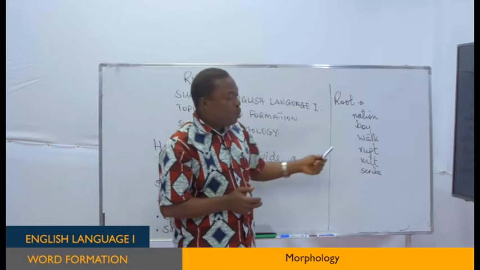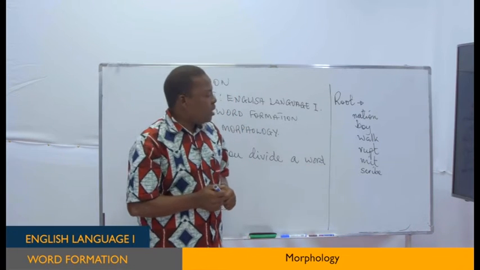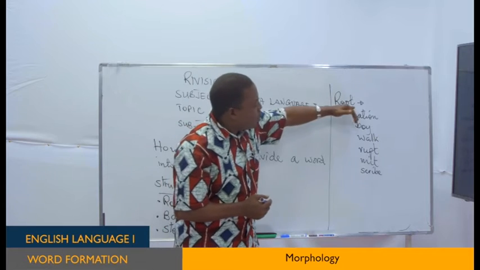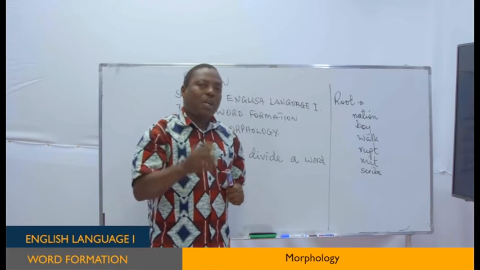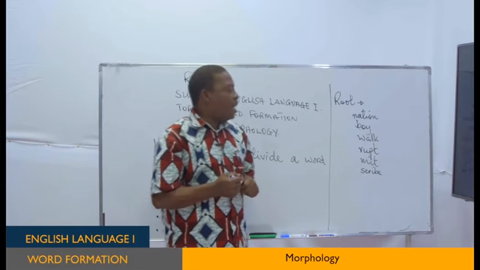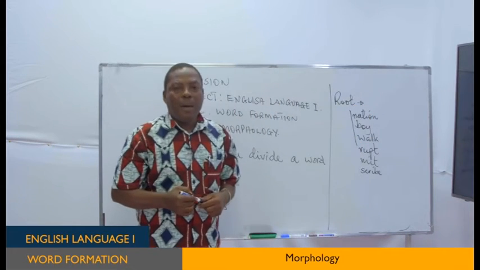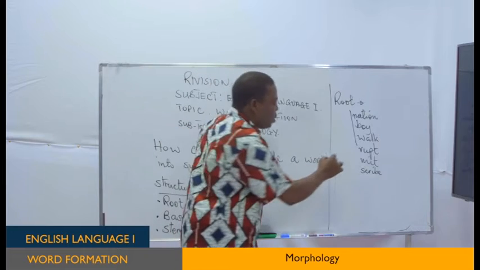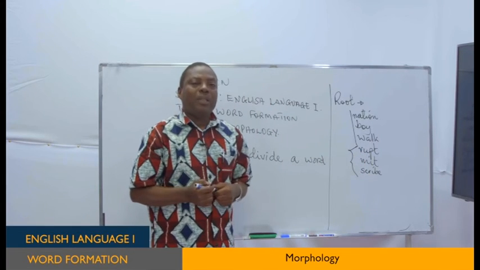They are also considered to be roots. What I wanted us to know is that when you talk about a root, you can have roots which are recognized as words in a language. But you can also have other roots which are not recognized as a word.